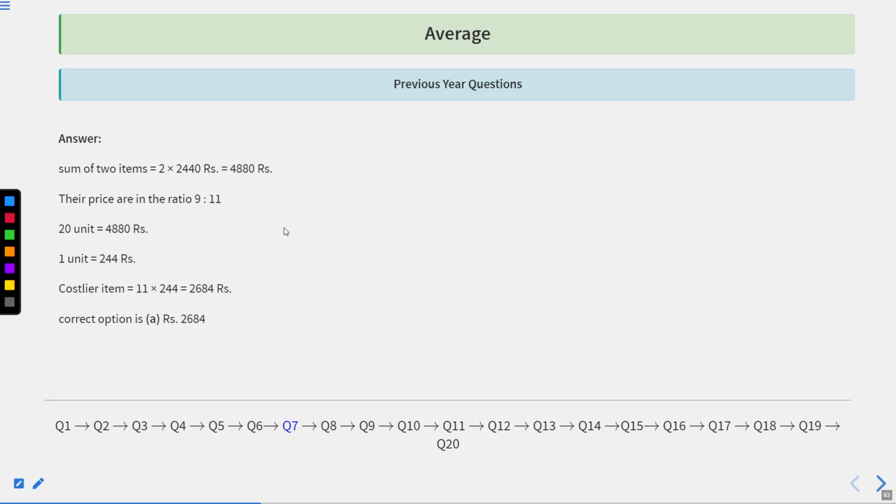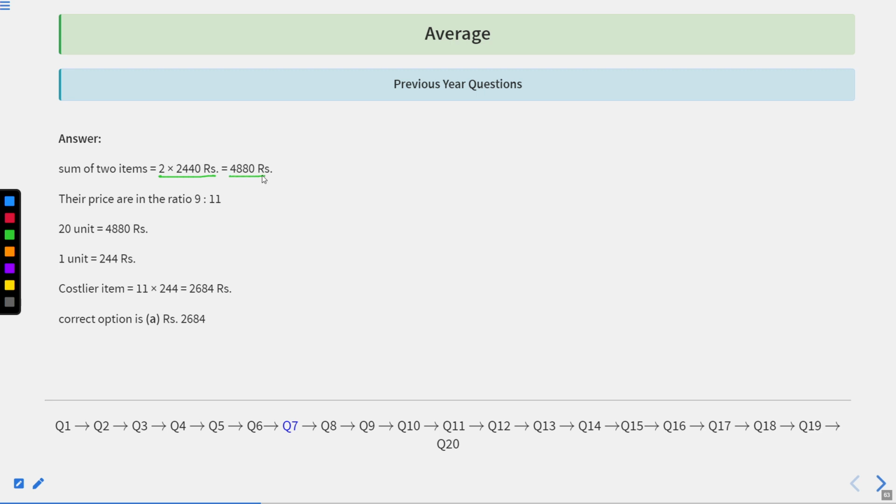So the sum of two items is 2 into 2440 rupees, because 2440 is the average price. That means price of 1 plus price of 2 divided by 2 gives us 2440. So if I take the product of 2 and 2440, then I will have the total price of these two items, which will come out to be 4,880 rupees.